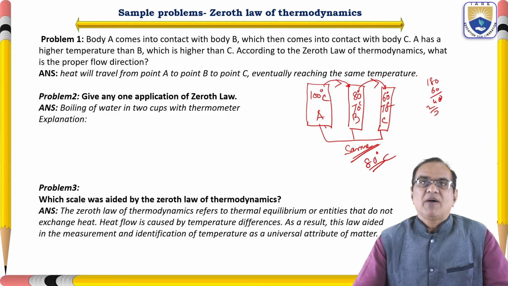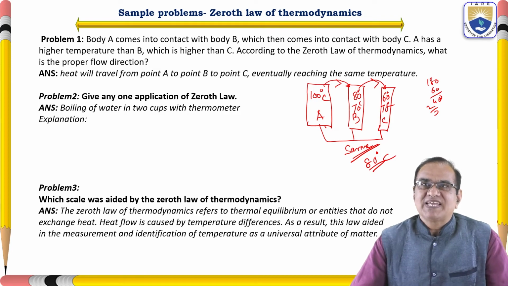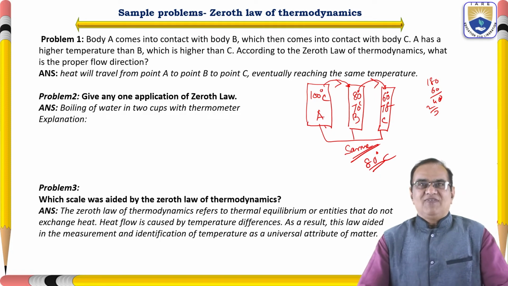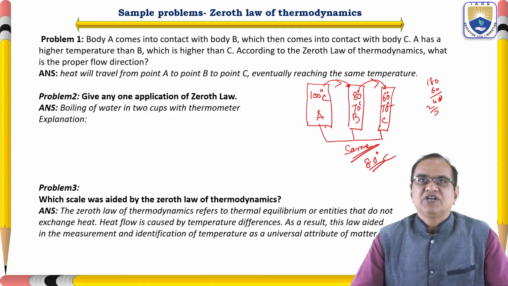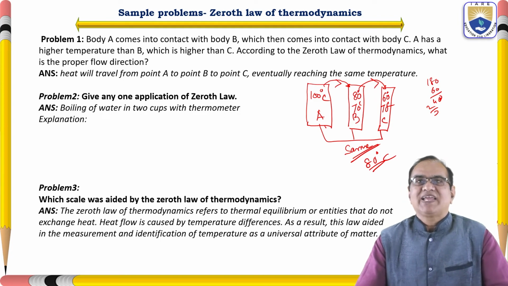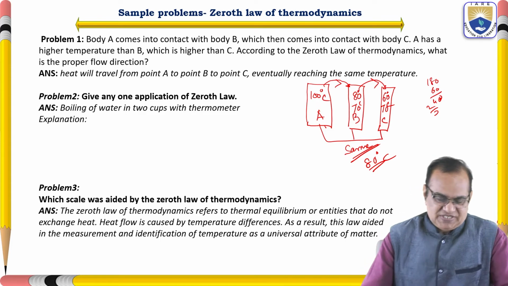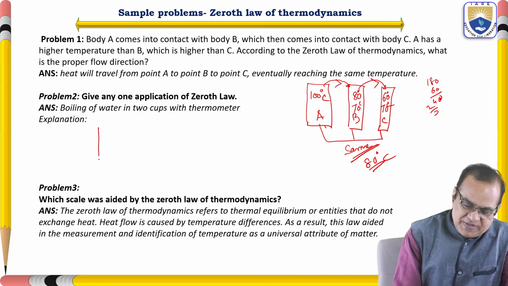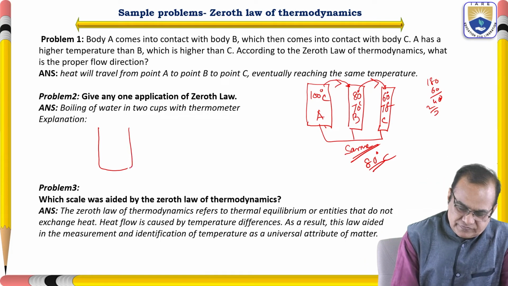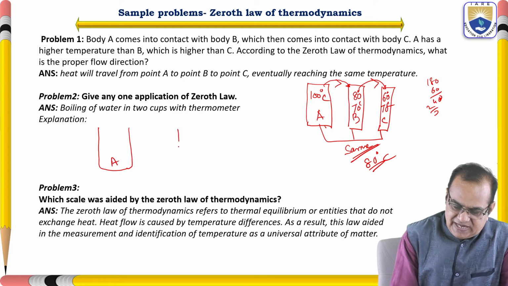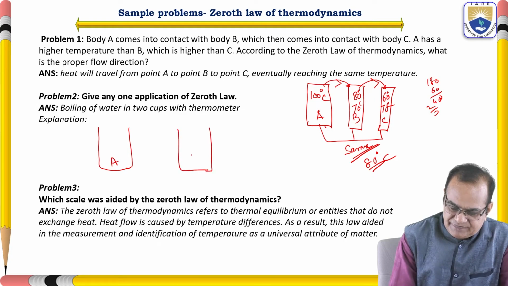Now problem 2: give any one application of the zeroth law. Take boiling of water in 2 cups with a thermometer. How can I tell how much the temperature is? There is one cup here, A, and another cup B here.